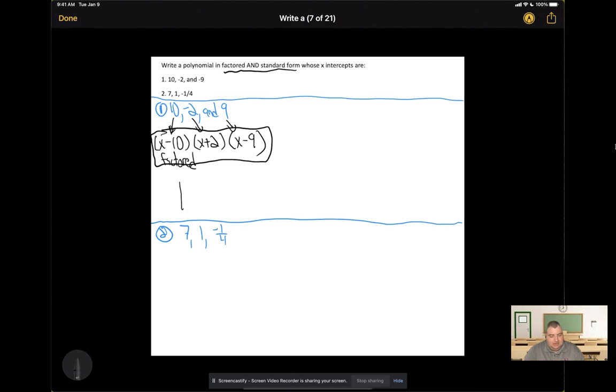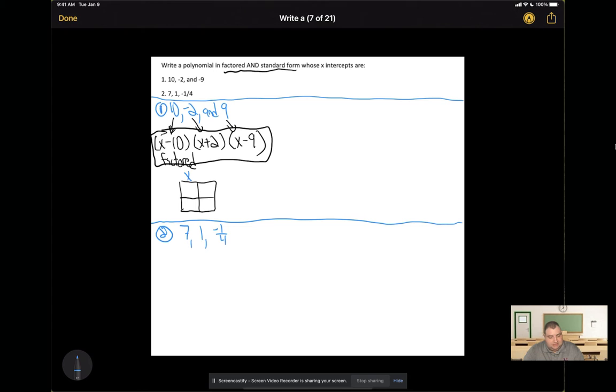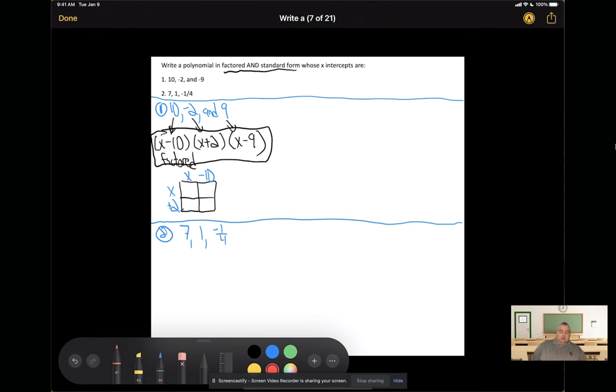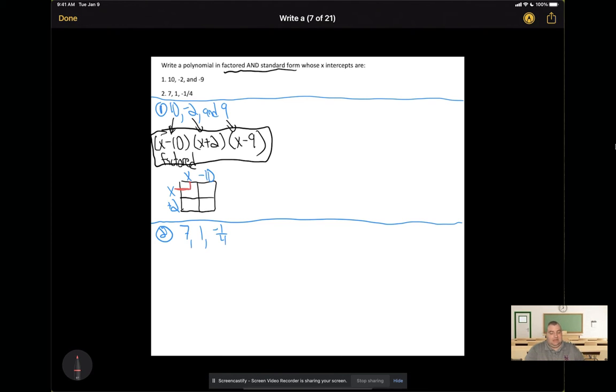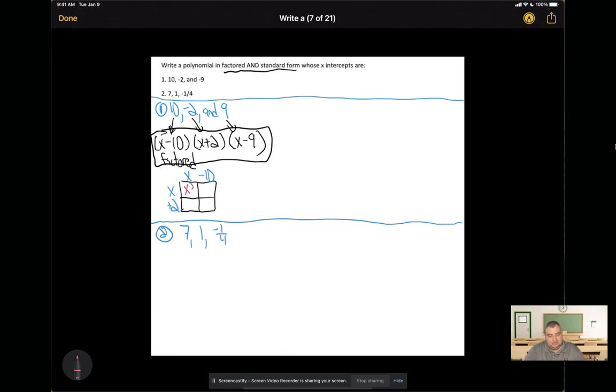So I'm going to create a 2 by 2 box. I'll put x minus 10 up here, and I'll put x plus 2 over here. I'm going to multiply the first 2. Again, I'll do x times x to get that first one, so x times x is going to be x squared.